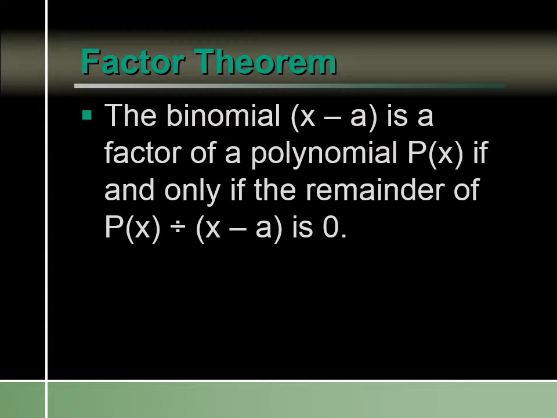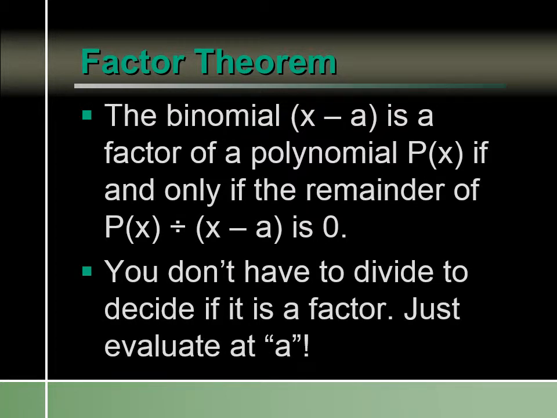The binomial x minus a is a factor of the polynomial p of x if and only if, so the only way x minus a will be a factor is if the remainder of p of x divided by x minus a is 0. So that last problem that we just did, because our remainder was 0, meant that the binomial we divided by was a factor of that polynomial.